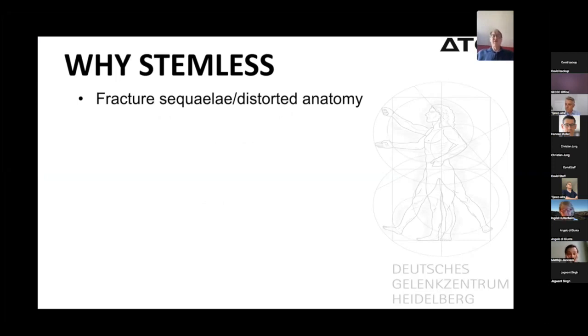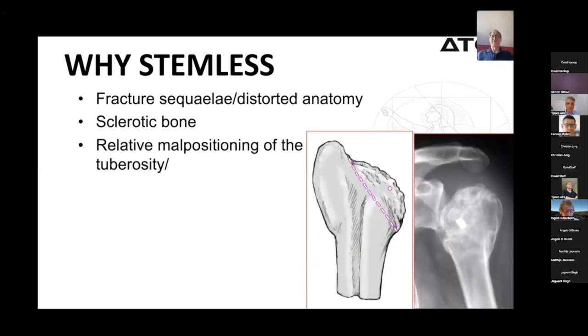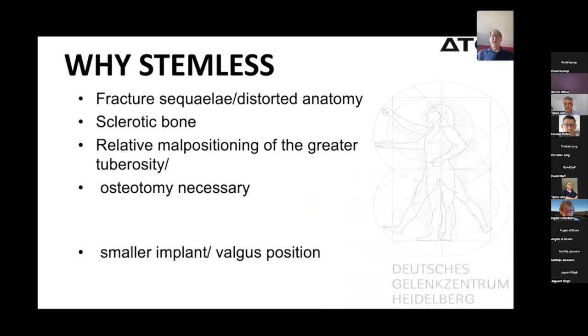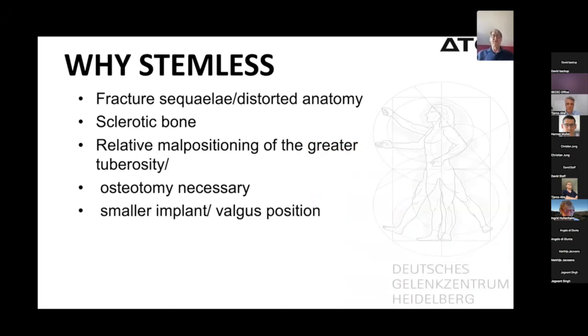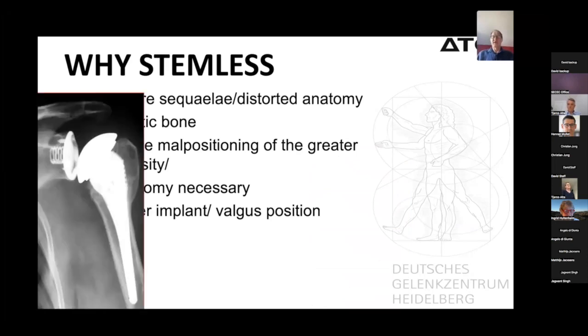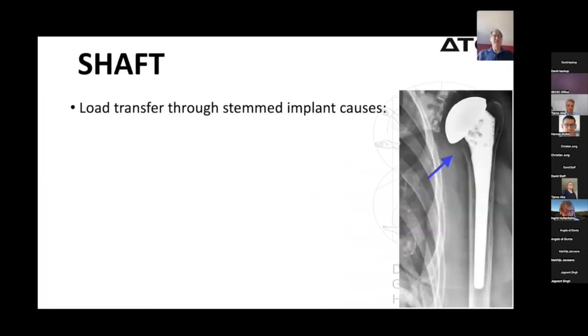If you have to deal with fracture sequelae after proximal humeral fractures, you might face very distorted anatomy. You might have sclerotic bone and a relative malpositioning of the tuberosities. And therefore, osteotomies might be necessary. And we know from studies out of France that osteotomies usually end up with bad results, or you would go for a smaller implant and position that in a valgus position.